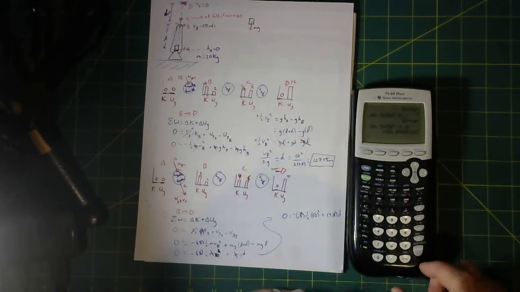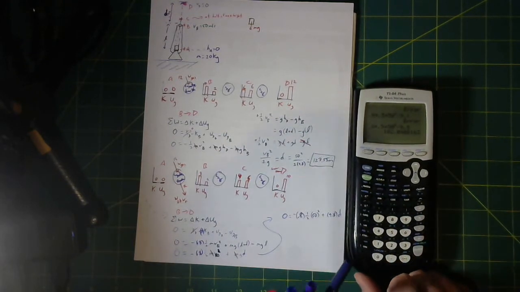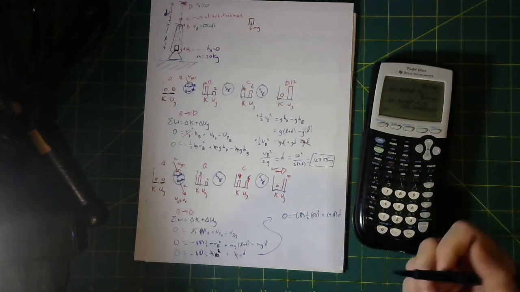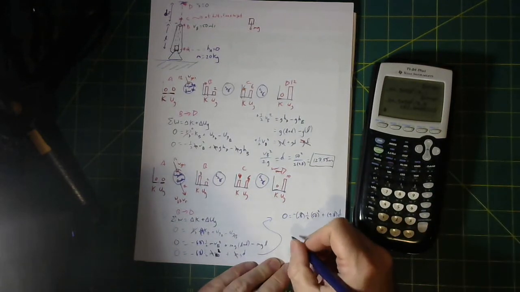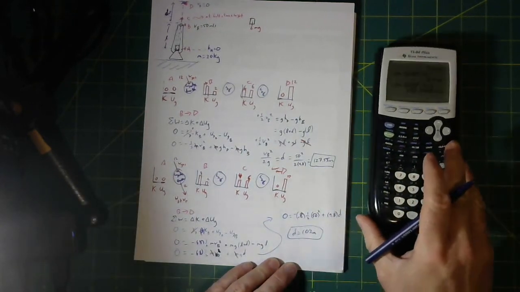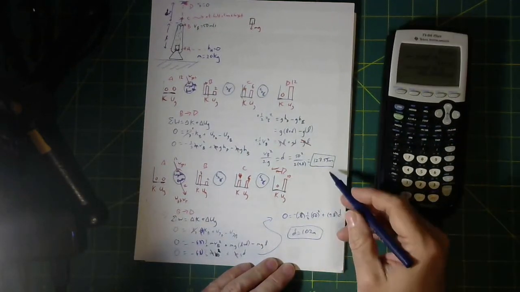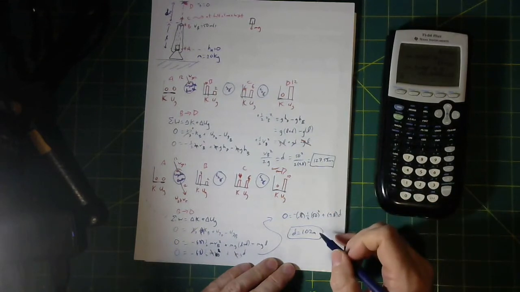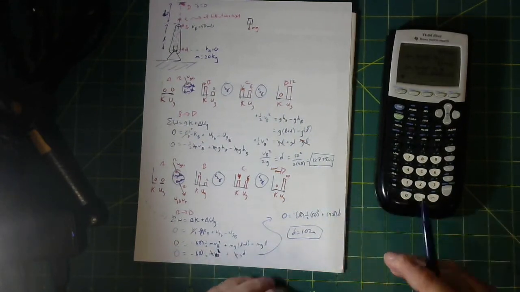There we go. So I get 102.04, 102 meters for D. And you say, hey, look, that is less than the height we had before, when we didn't have that 20% energy loss.